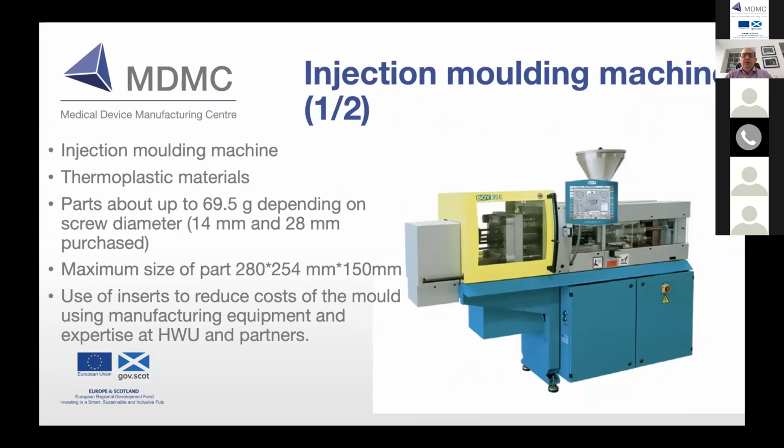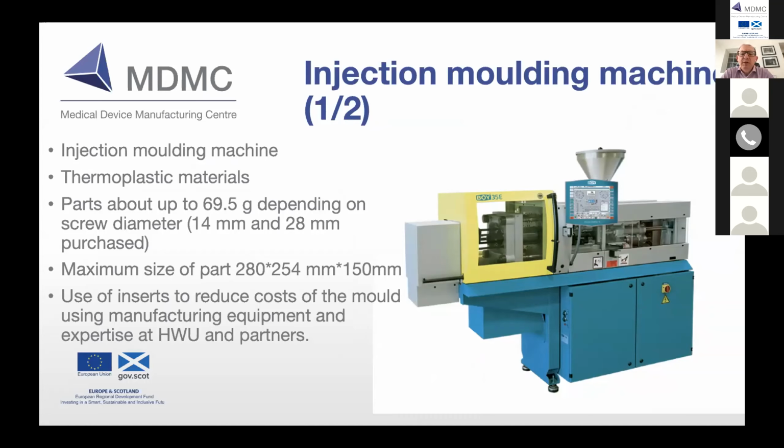We will also have an injection molding machine, which will allow us to work with several plastic materials such as PMMA, COC, and PLA. The volume will range from 6.1 cubic centimeters to 76 cubic centimeters.